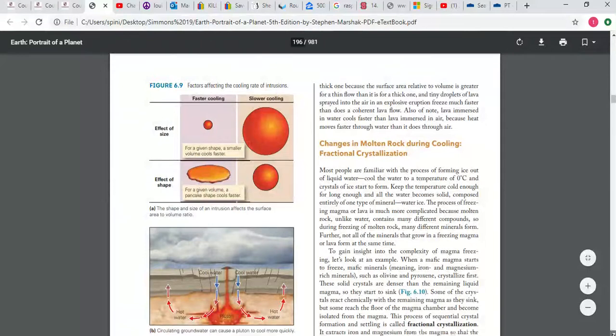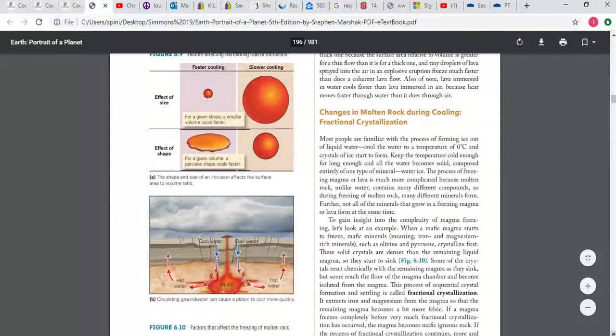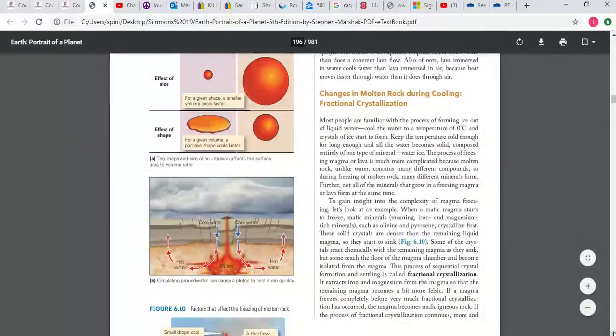Now here's where it gets kind of interesting, because as rock cools, the chemicals inside the rock begin to form crystals. As you remember, we looked at many different kinds of not rocks but minerals, right, that formed crystals.